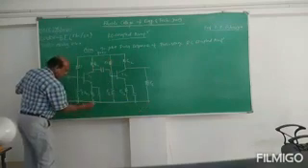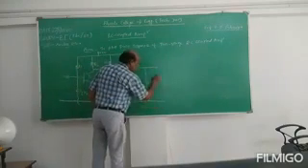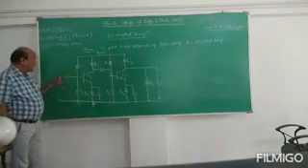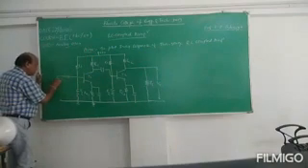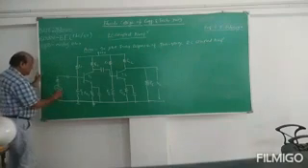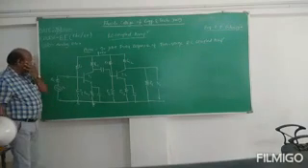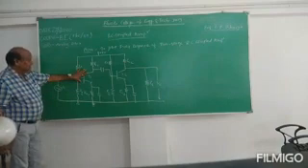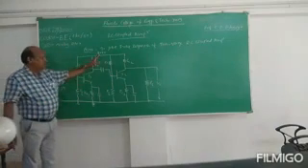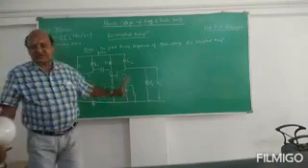Take the output here, V0. So this is the two-stage RC coupled amplifier. You can connect the source resistance here and the input V in, which may be sinusoidal. This is the first stage of the RC coupled amplifier, this is the second stage, and the 5 volt supply may be given. So this is the circuit diagram for the two-stage RC coupled amplifier.